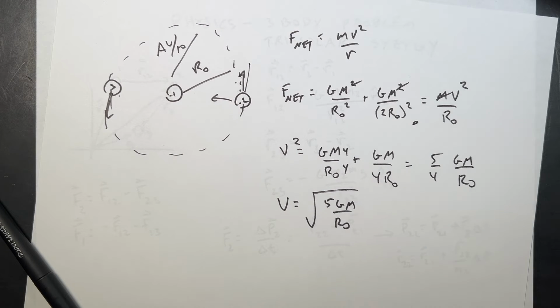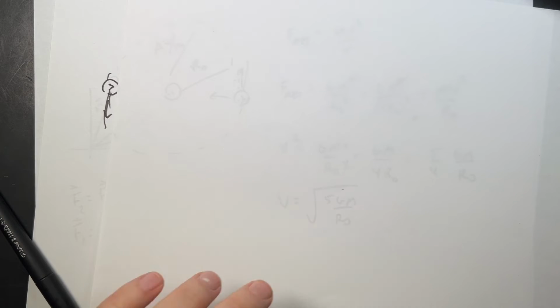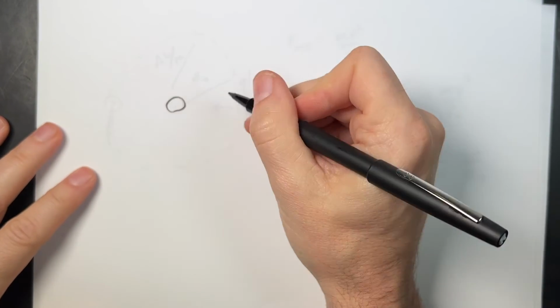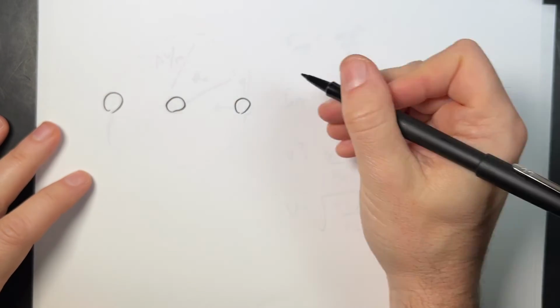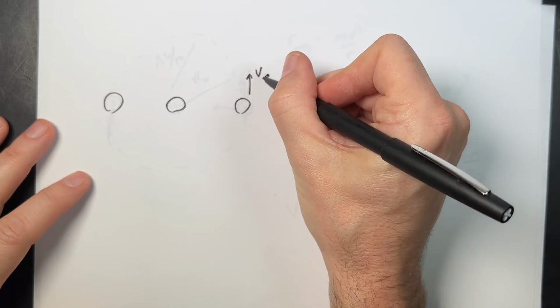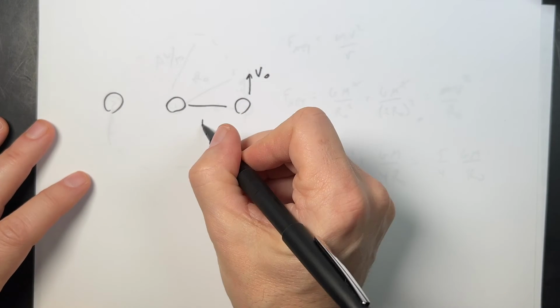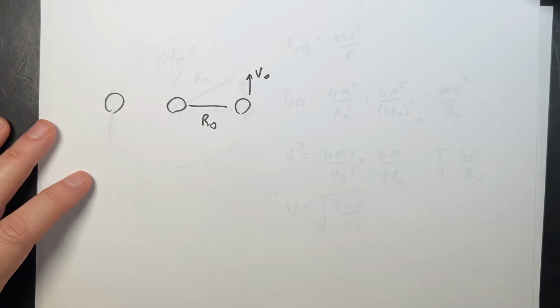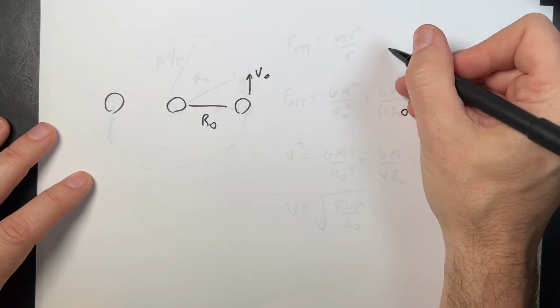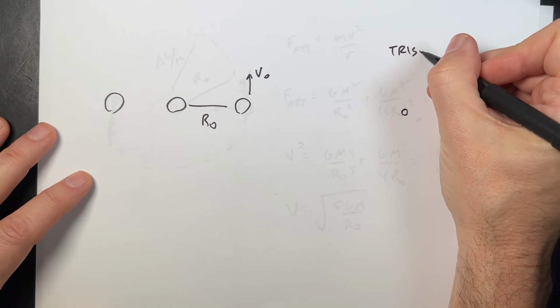This is a little difficult, but that's fine. We can do difficult stuff. Okay. So here are my 3 stars. And I'll call this V0, and I know this is R0. And then I want to put a planet over here. This is Tri-Solaris.